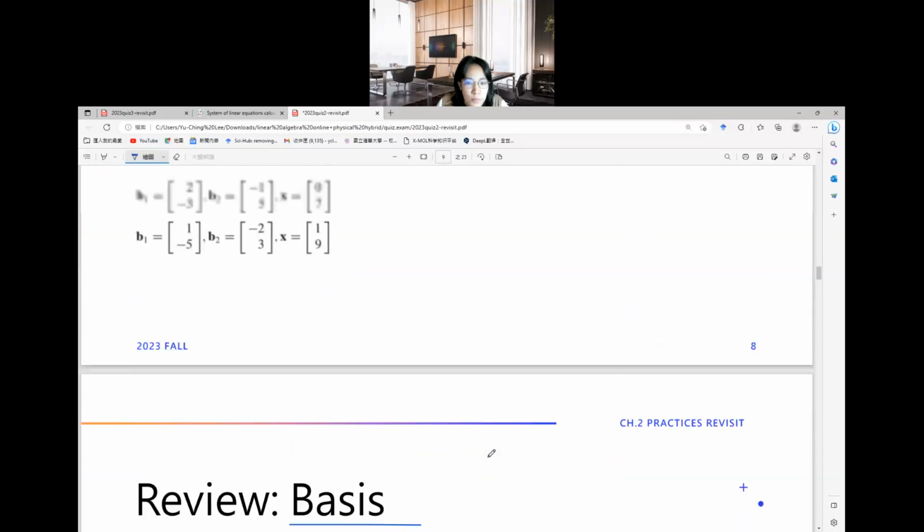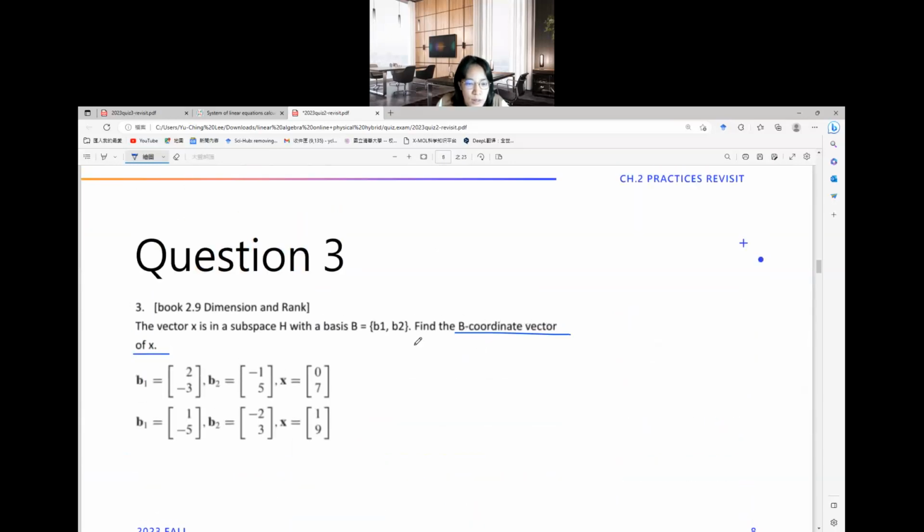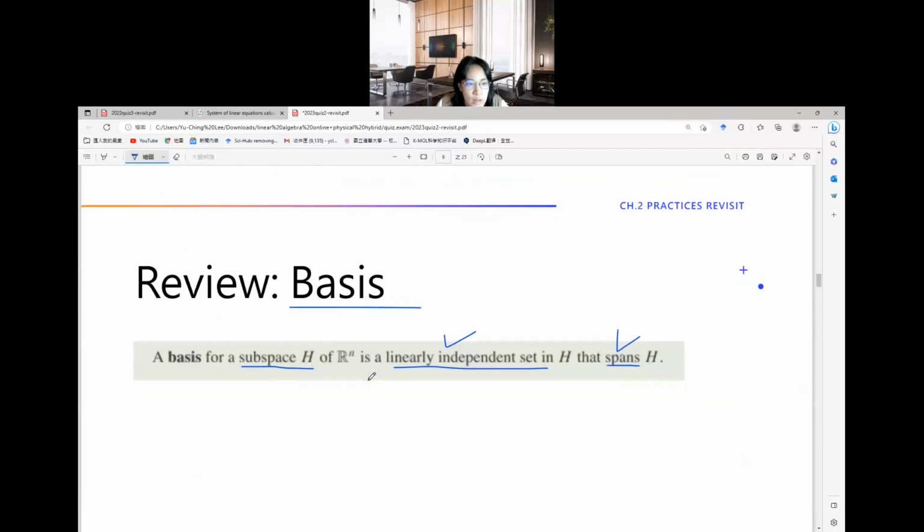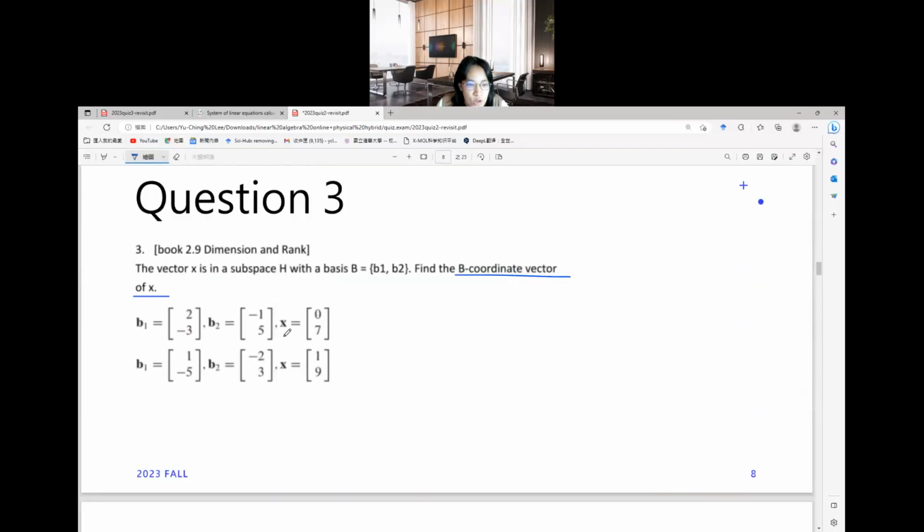So the question asks us to find the B coordinate vector of x, meaning we want to find the weights C1 and C2, such that x can be expressed as C1 times B1, which is (2, -4), plus C2 times (-1, 5). So this is x, this is B1, this is B2.